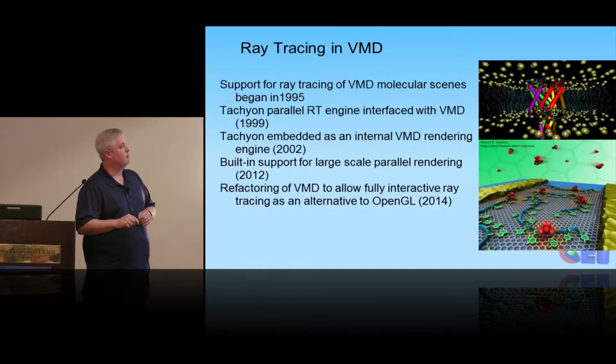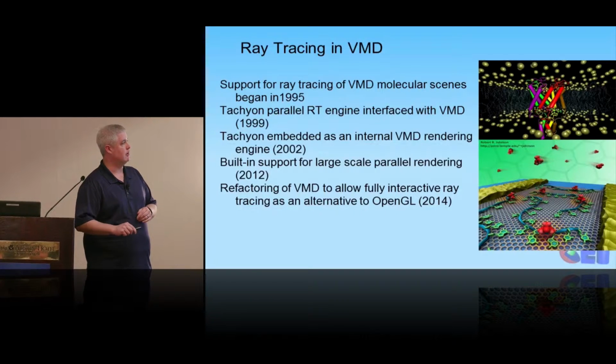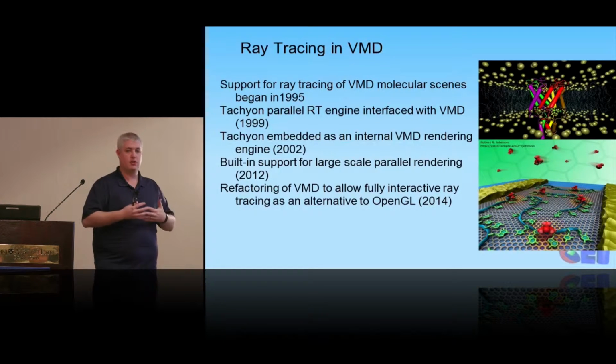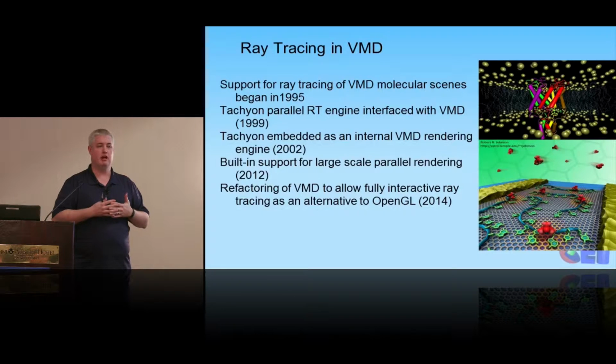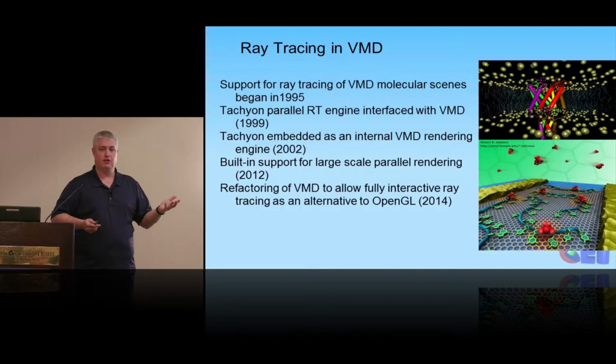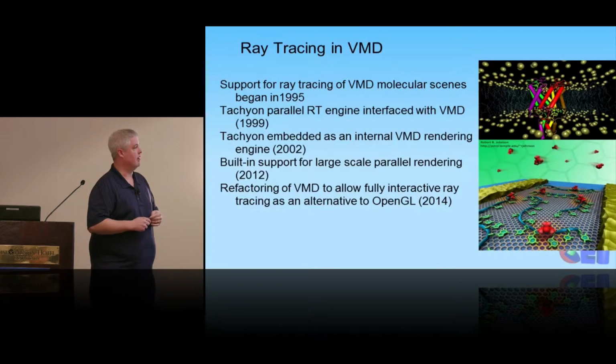And as time progressed, this ray tracing engine became more and more tightly coupled with VMD, and VMD began to exploit things in the ray tracer that I couldn't do with just any renderer that was out there, even commercial renderers that had very powerful feature sets.